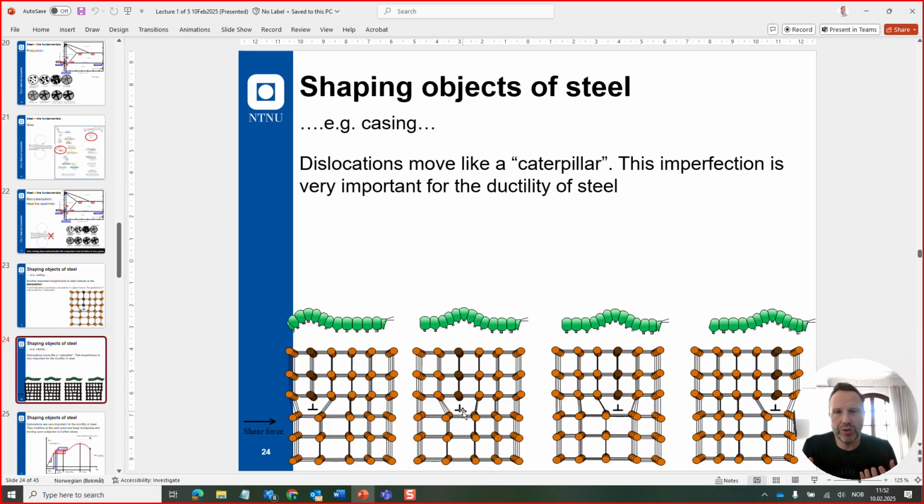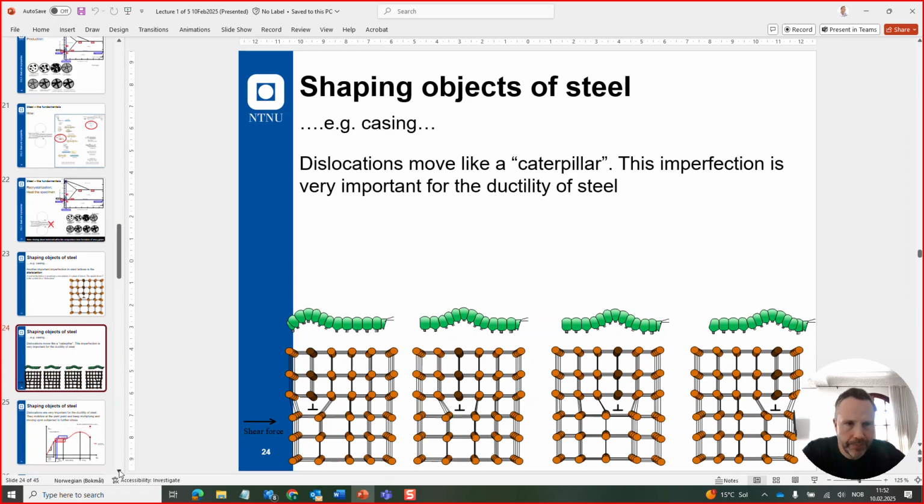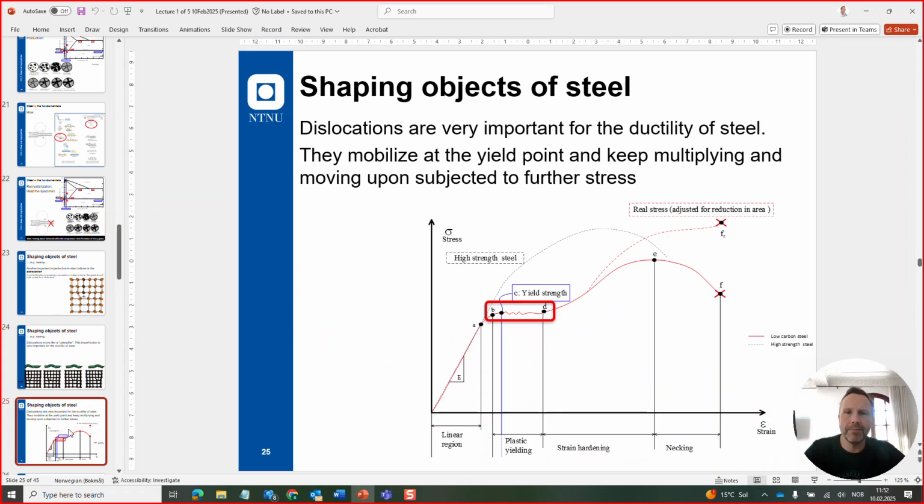And we're going to take that back to the stress-strain curve of steel. Dislocations, as you have seen now, typically work in the area here of what we call plastic yielding. Here is where dislocations are being activated.